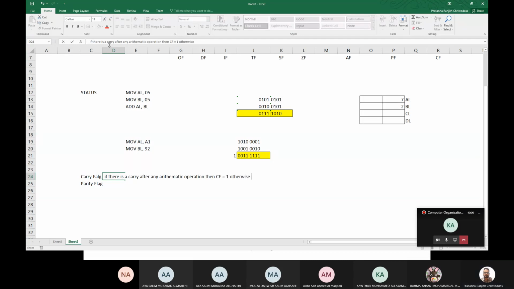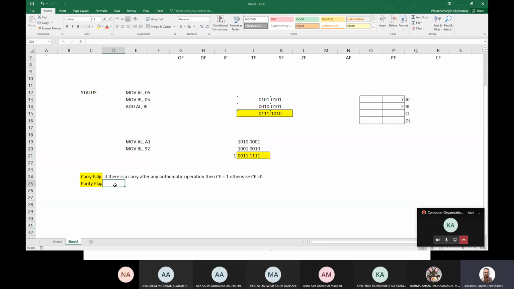Otherwise, 0. Do you understand carry flag? Yes? If there is a carry after any arithmetic operation, then this is going to be 1.